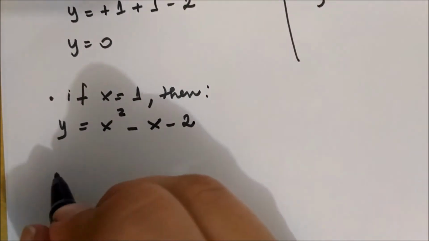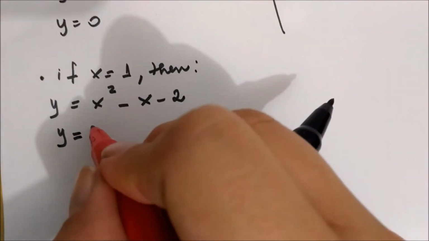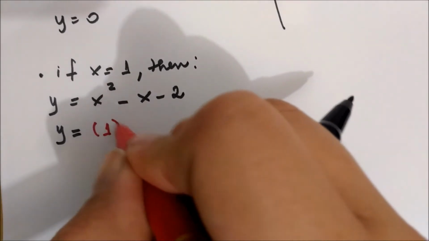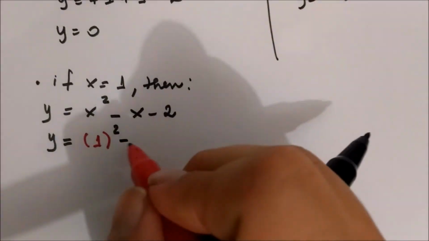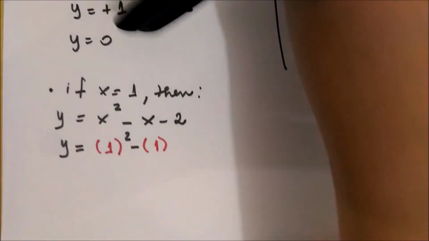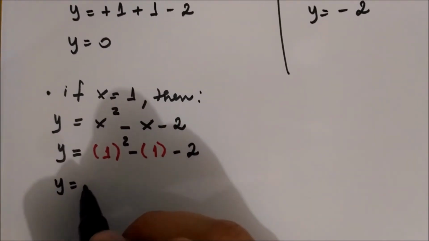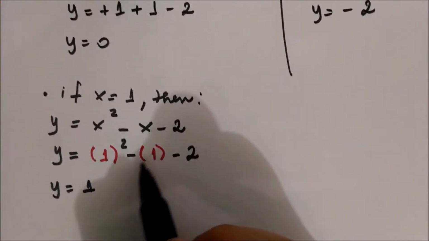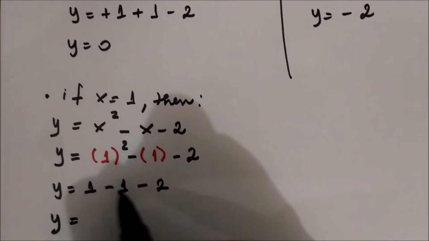Replace the x for +1. +1 squared is 1, minus 1 minus 2. 1 minus 1 is 0, minus 2.